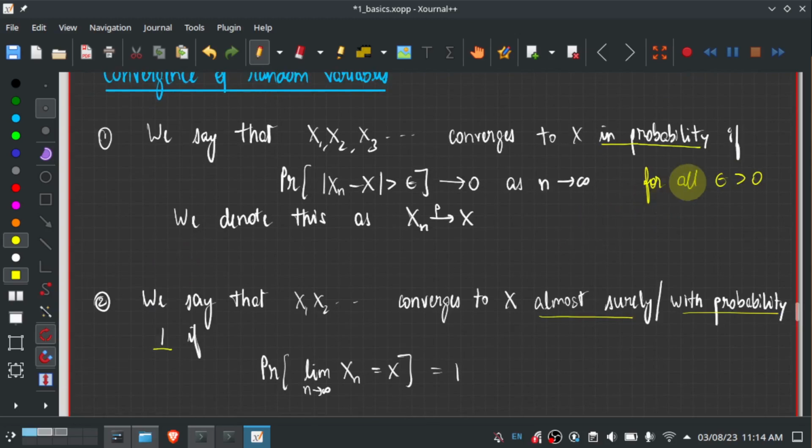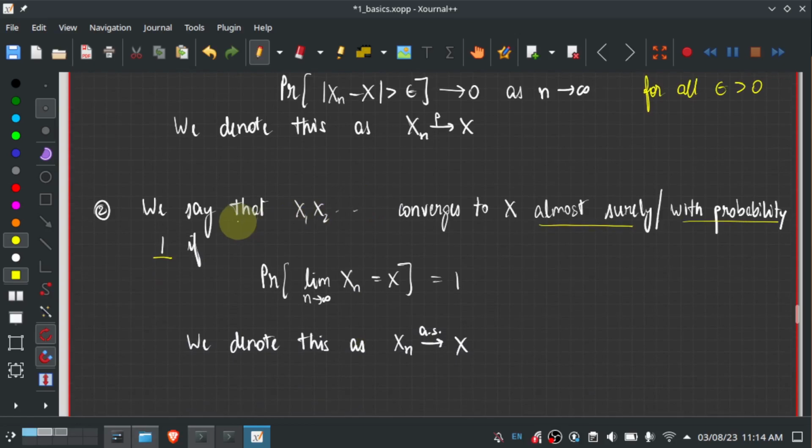Again, there can be a source of confusion because this is convergence in probability, and this is convergence with probability 1. These are standard terms, so we have to work with them, but these are two different notions. We say that a sequence of random variables converges to another random variable with probability 1, or almost surely, if the probability that the limit of these random variables equals X is 1.